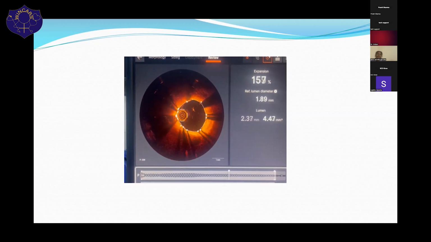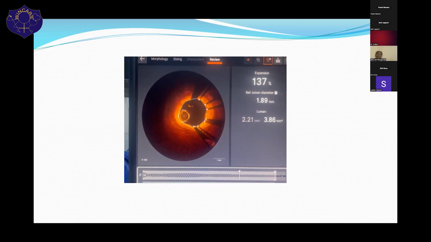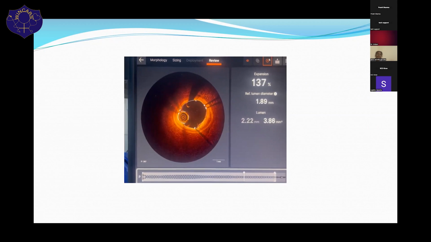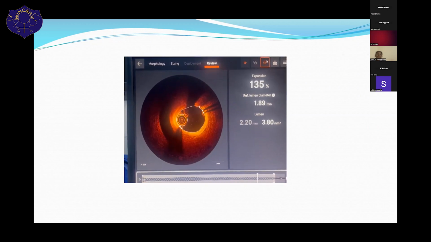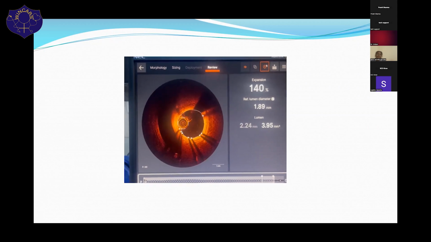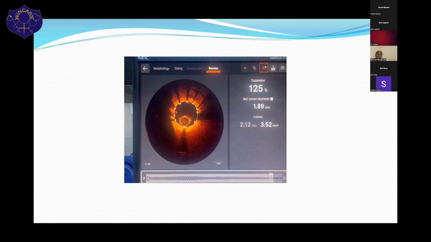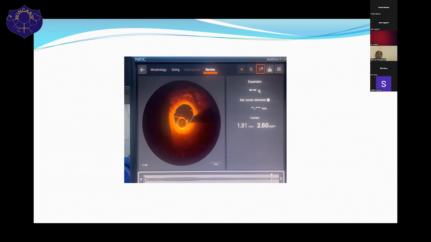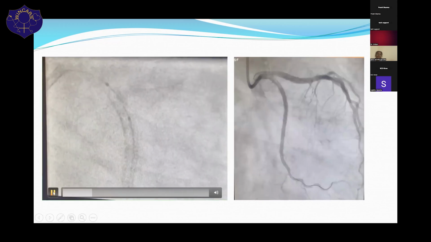But there were no areas of dissection. So after this OCT run, we again post-dilated both the mid and the proximal LCX segments with a 3.5 12 NC balloon.